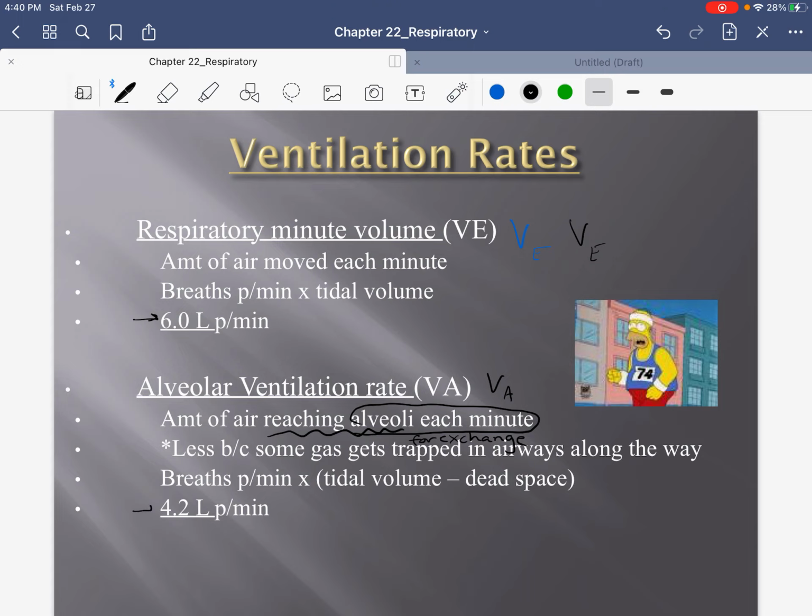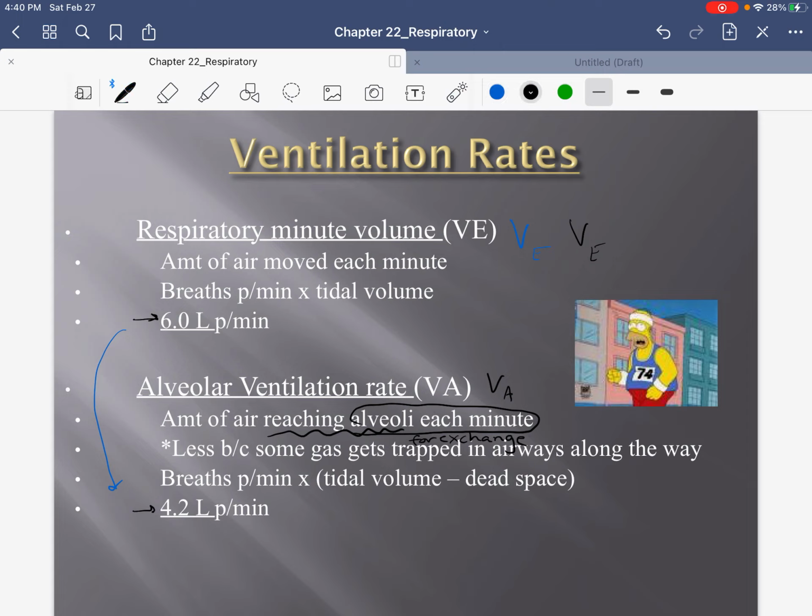Here is an average number for an adult. You do not need to know that number. However, we can compare, and look what happens. Of all the air that we breathe in, not all of it makes its way down to the alveoli.